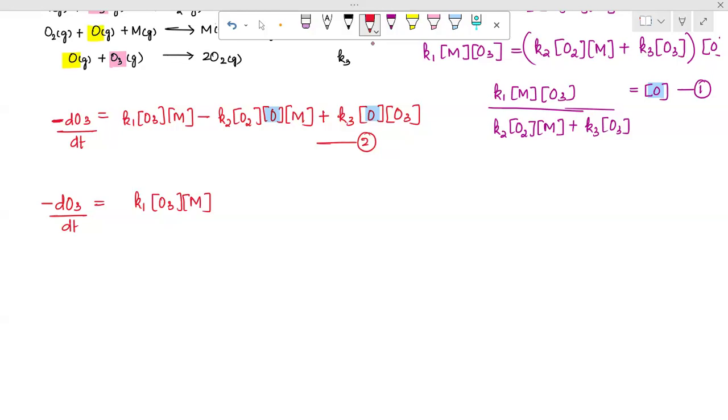And here there is also M. Okay, so I'm writing it together. Please be careful when you plug in the values. It's going to be minus K1 K2 O2 O3 M squared divided by K2 O2 M plus K3 O3.